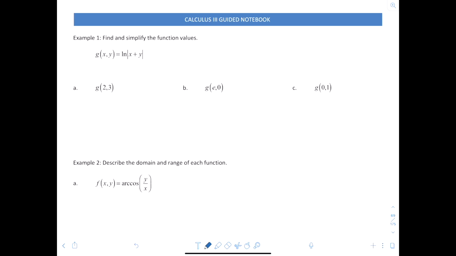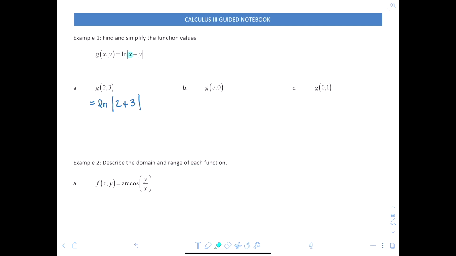If we're evaluating g, so we have g at x and y is equal to natural log of the absolute value of x plus y. That's a sum. So g at 2, 3 would equal the natural log of the absolute value of 2 plus 3, right?